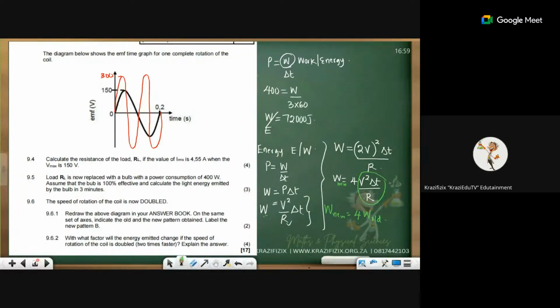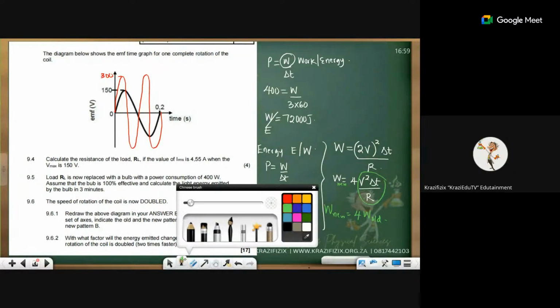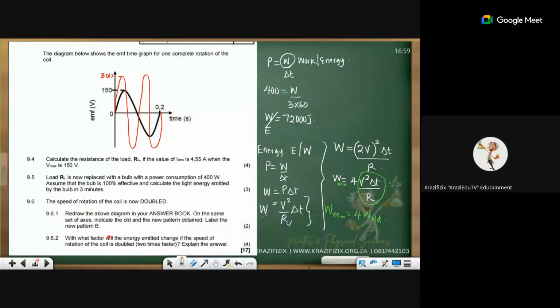All right. Look at the diagram that I have on the board. It says by what factor will the energy change if the speed of the rotation is doubled? Remember, we doubled the speed here, and when I double the speed, current will also double. You notice my new V here is 300, and it was 150 before. So it's 2 times.